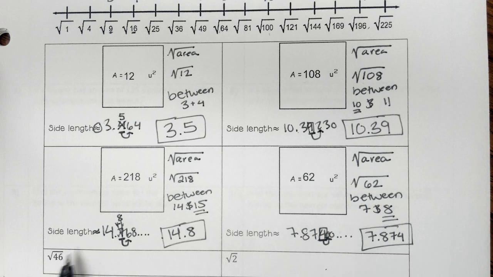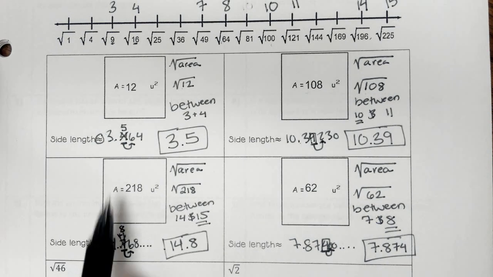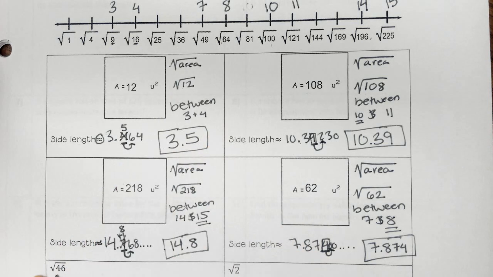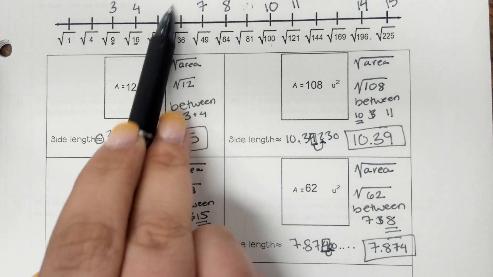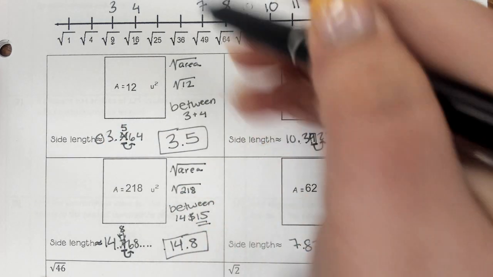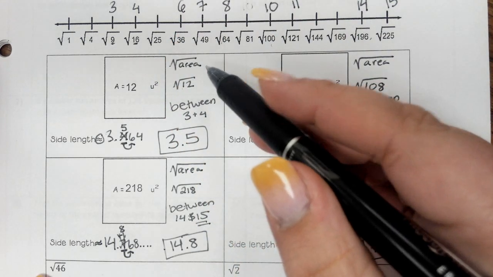Next, we want the square root of 46. 46 is between 36 and 49. So the square root of 46 is between the square root of 36 and the square root of 49. So the square root of 36 is 6, because 6 times 6 is 36.